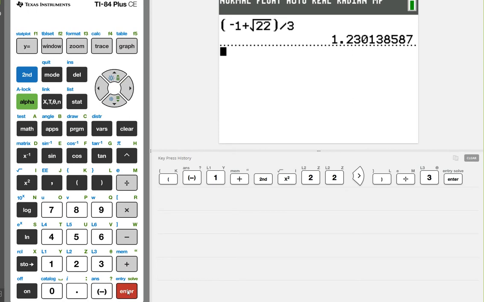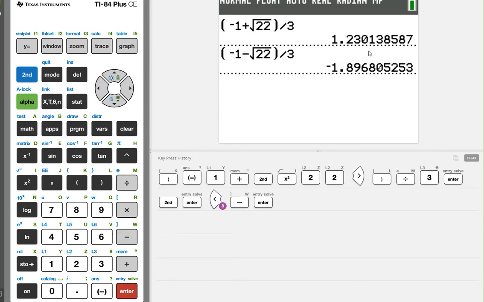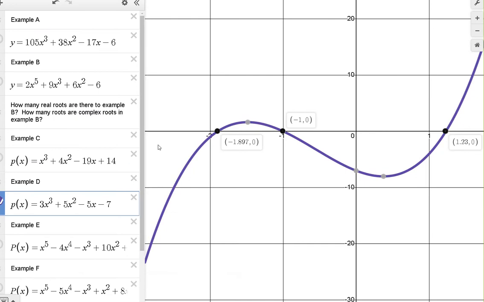Now if you're looking at it like, I really don't feel like typing all of it in again to get the negative root, then don't. Hit the second key, then the enter key, and bam, it pulls up your previous calculation. Now I just go back and change the positive to a negative. Nice. If you look at the decimal values here, they match the decimal values that we're seeing on Desmos.